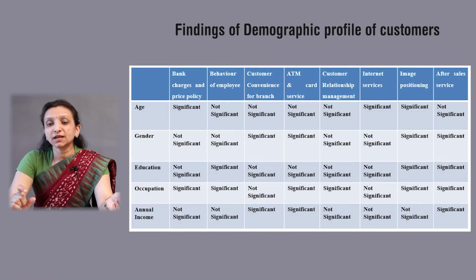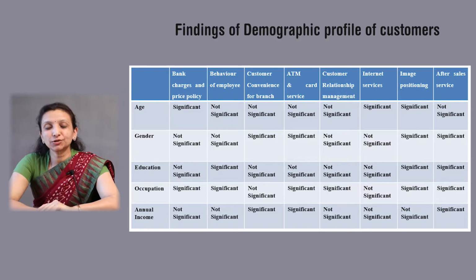Demographic variables and customer satisfaction. Chi-square is used to check the relationship between demographic variables and factors of customer satisfaction. Findings of the analysis say that the performance of private sector banks is better than public sector banks at the national level.